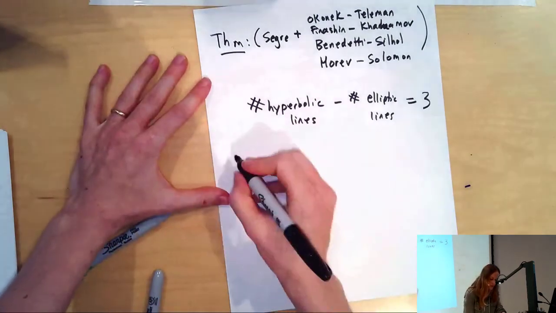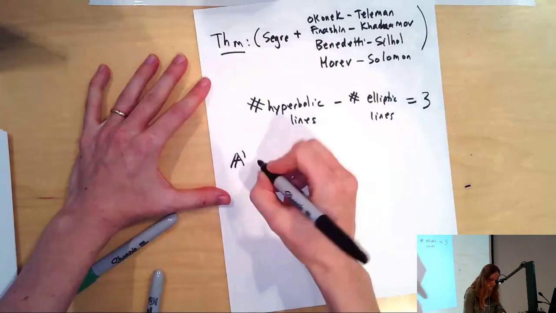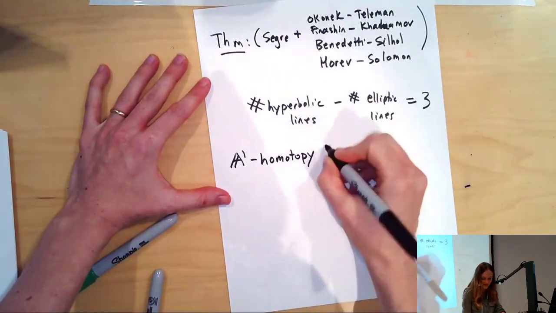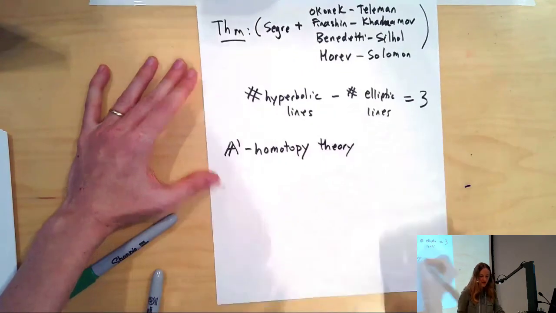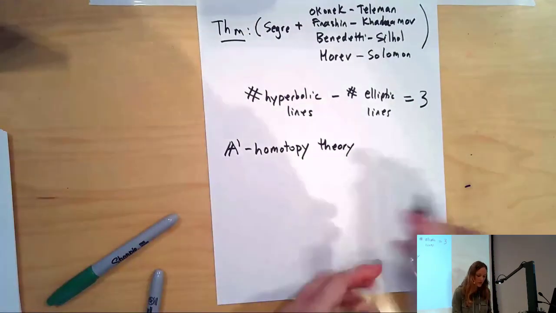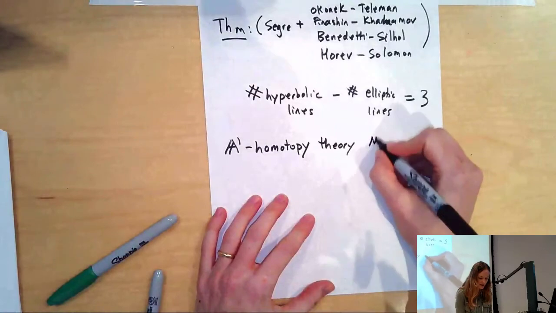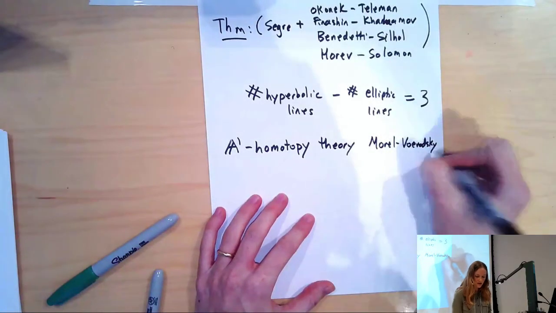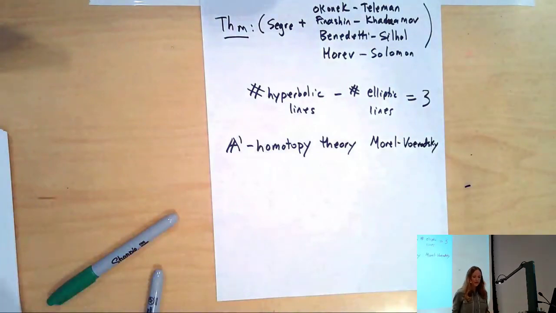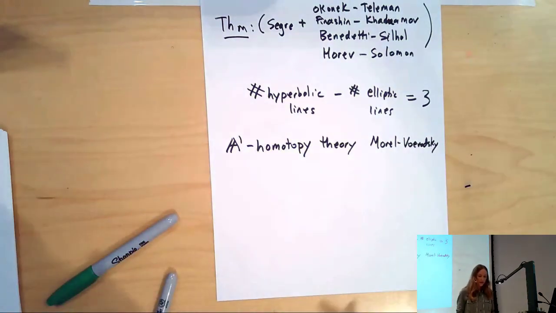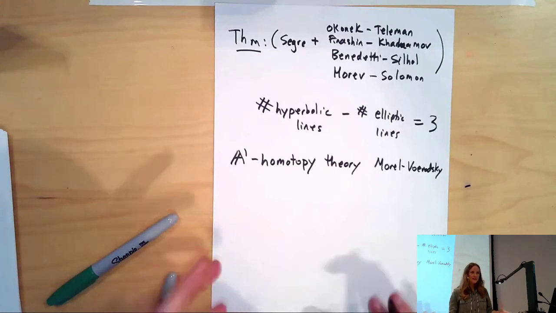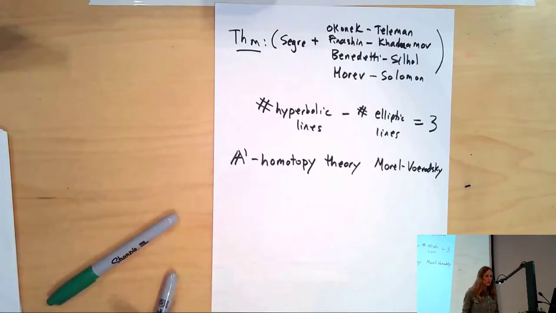𝔸1 homotopy theory, due to Morel and Voevodsky, allows us to do with schemes many of the things that we can do with topological spaces. And smooth schemes then behave like manifolds. In some sense, they're little small balls around points.